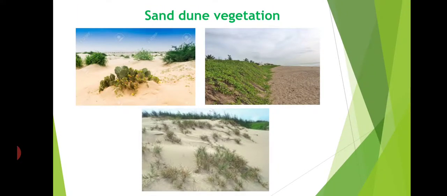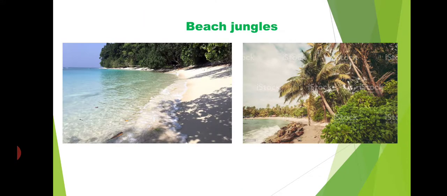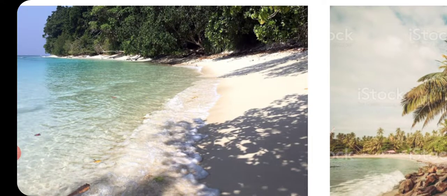Okay. Then what is the meaning of beach jungles? These are found near the sea coast in Andaman, Orissa, Tamil Nadu, Kerala, and Mumbai. Here we can expect sandy soil having a large amount of lime, but poor in other mineral content.